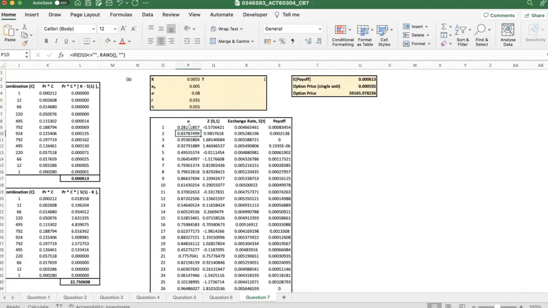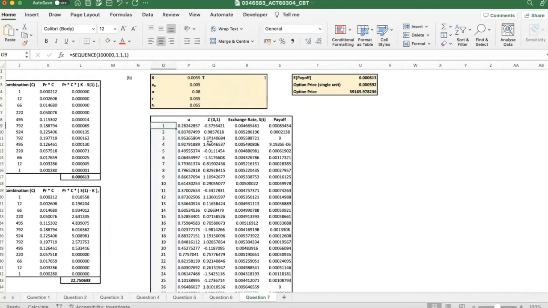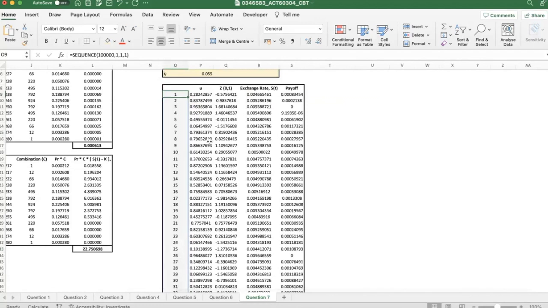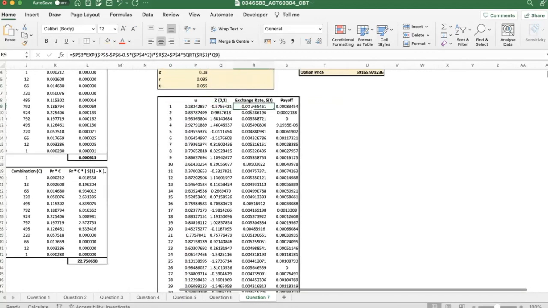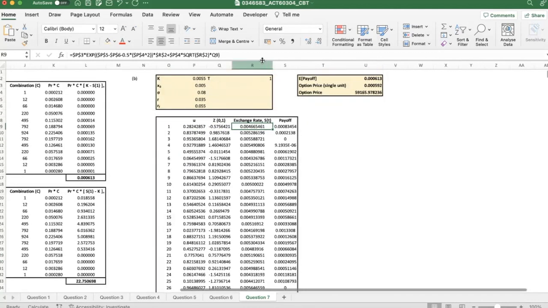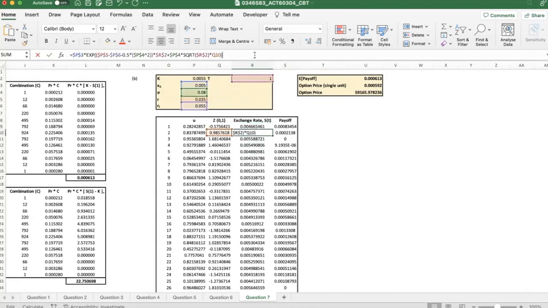So we use the sequence to generate, sorry, it was 100,000 iterations, to generate 100,000 random numbers, and then we input it into the formula, using the initial spot exchange rate for every period to get the exchange rate for every period as well.